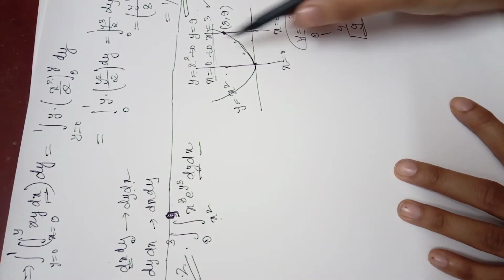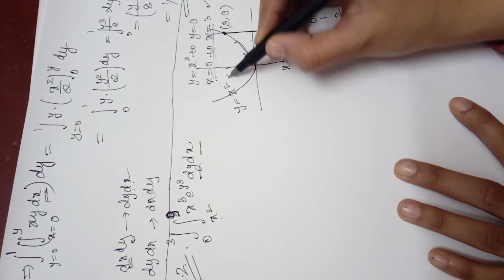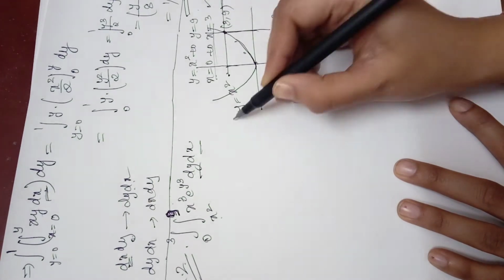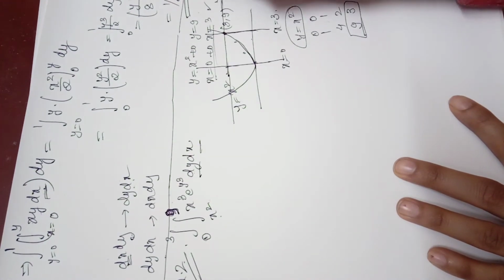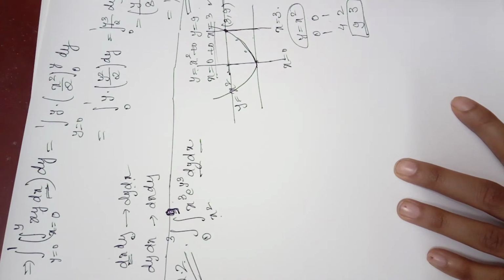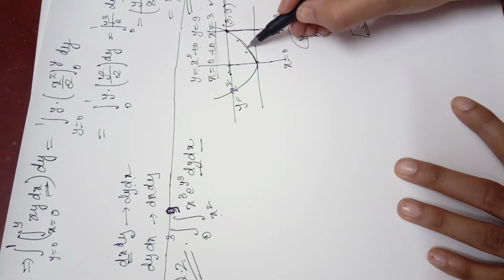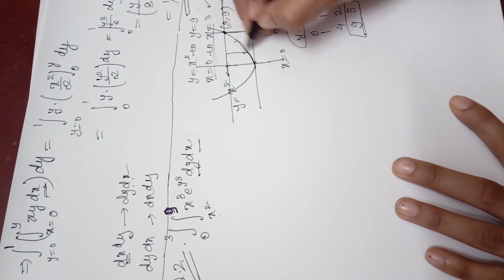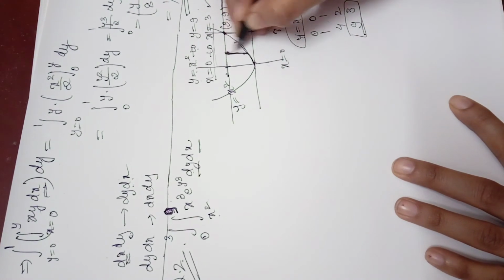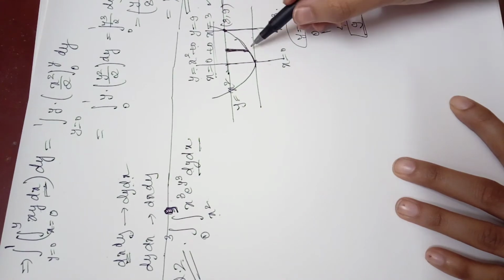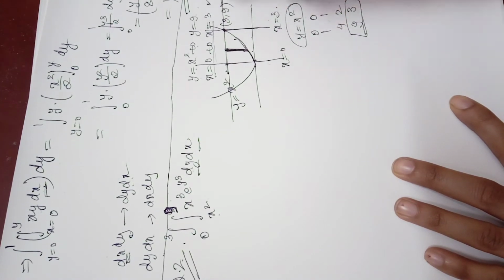Now y is going from this x square to y is 9. Okay. This line is y equal to 9. So what it is telling, x is 0 to 3, fine. y is going from this curve to 9. So this is a region, vertical strip. It is going from y equal to x square to y equal to 9.